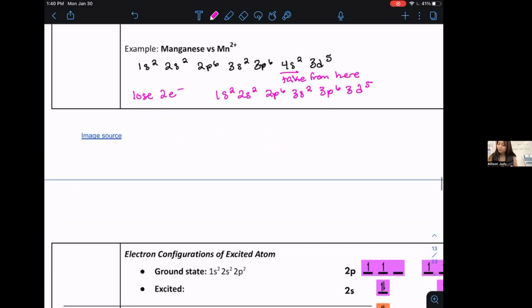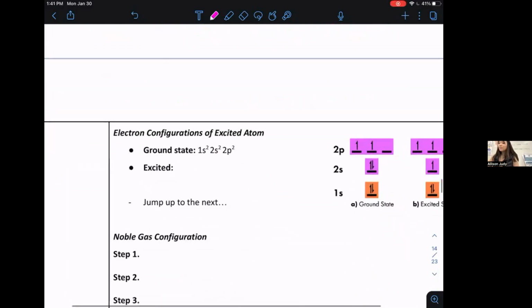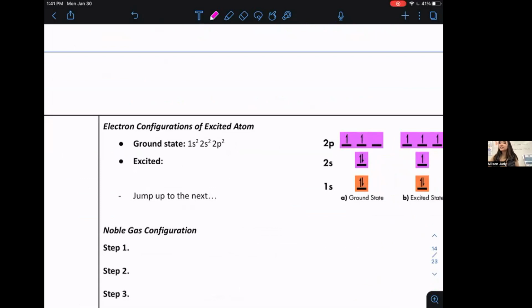Okay. So what about excitation? Because electrons get excited. Remember, this all started with the excitation of electrons, the release of a photon, the release of a wave with a discrete amount, creating a unique emission spectrum. How does this all connect?